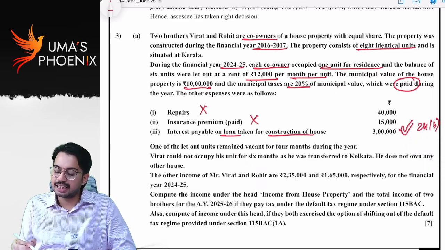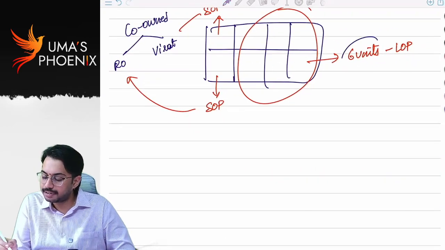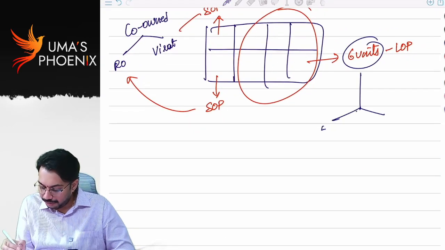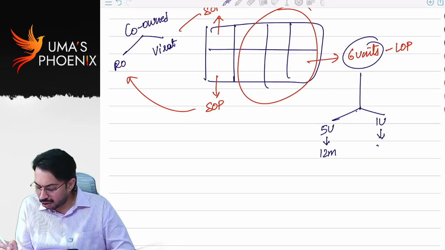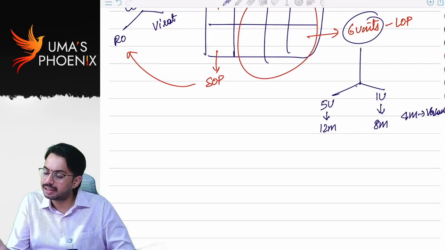One of the let out units remained vacant for 4 months. What do you mean by this? Out of 6 units, 5 units were let out for 12 months. 1 unit was let out only for 8 months. For 4 months, it is vacant. So, how much is actual rent?